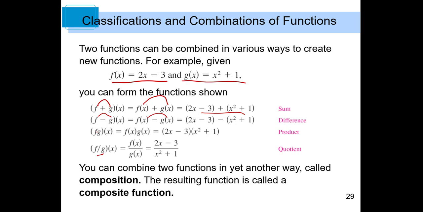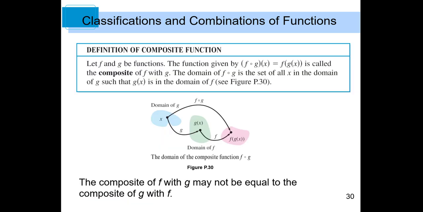And you can combine two functions in another way called a composition. So this is composite functions, right? We're going to take a look at the composite function, f composite g, g composite f. So first, let's look at the definition of composite functions. Let f and g be functions.